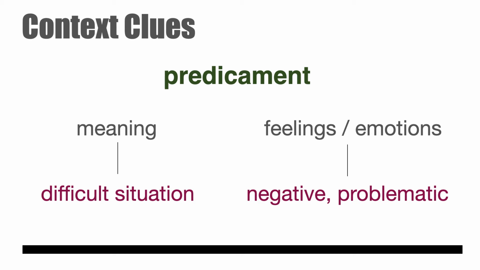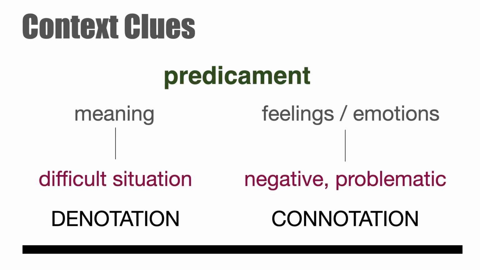So predicament not only literally means a difficult situation, but it brings emotions or feelings that something is negative or problematic. The dictionary meaning of a word is its denotation. The feelings or emotions tied to a word is its connotation. You can remember that denotation is the dictionary meaning because they both start with the letter D.